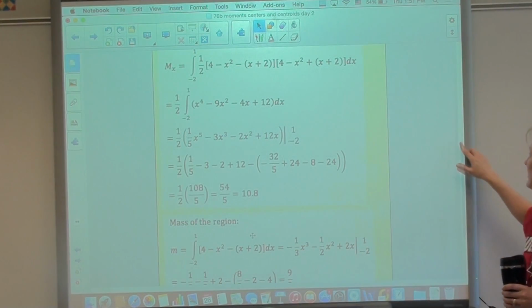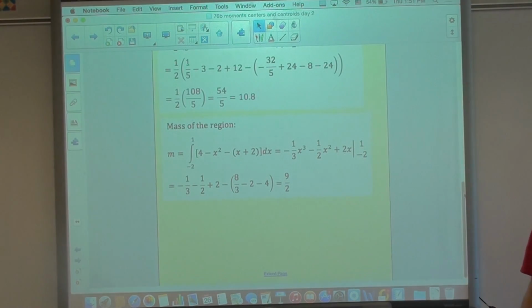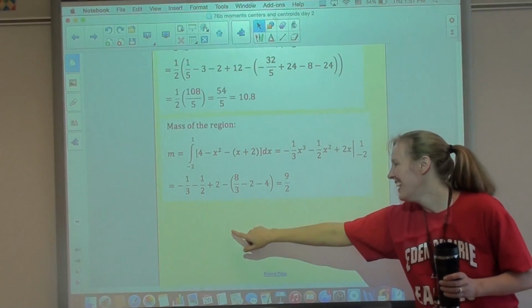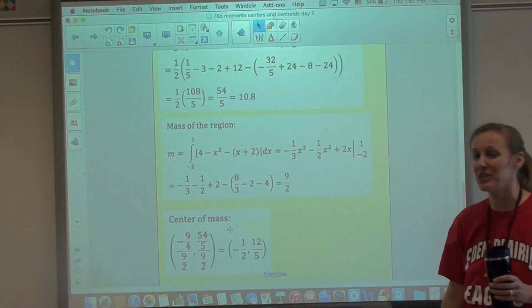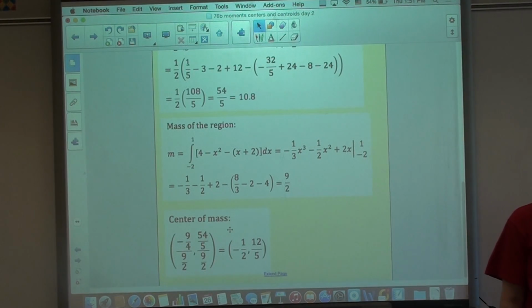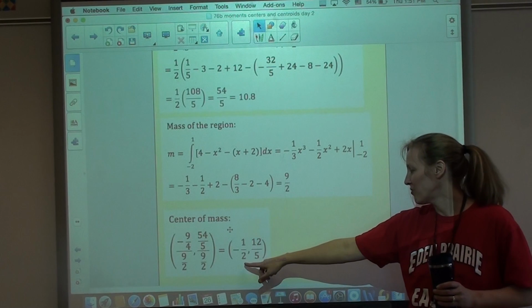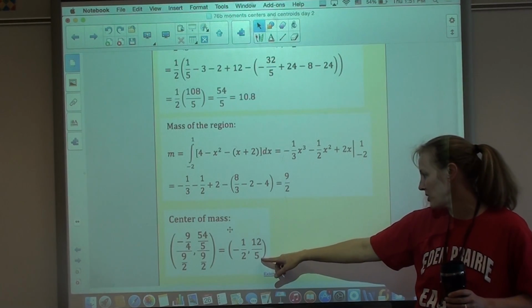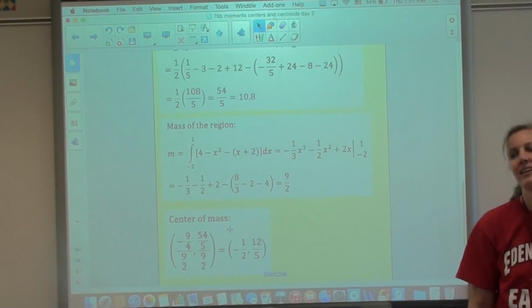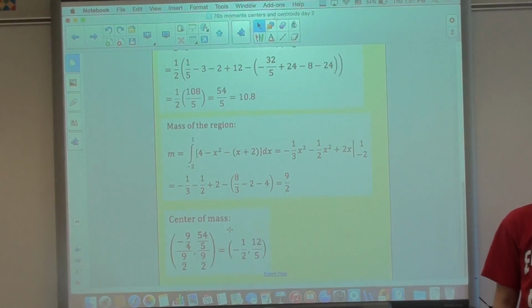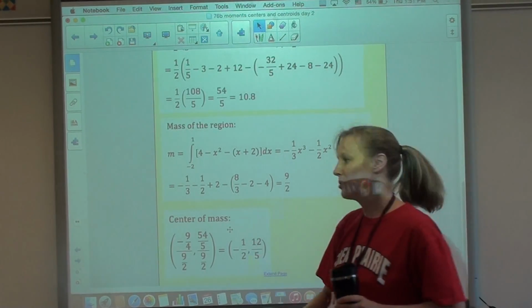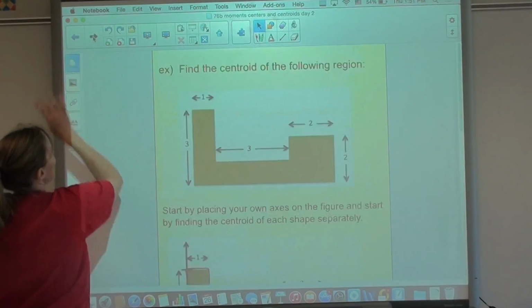So your mass is just 9/2, which is 4.5. And your center of mass, or centroid, is negative 1/2, 12/5. This is negative 0.5, and then this would be 2.4. I converted it to the fraction for the end. Everyone comfortable with this? Okay, we're gonna move on to a new type. You're gonna like this new type.